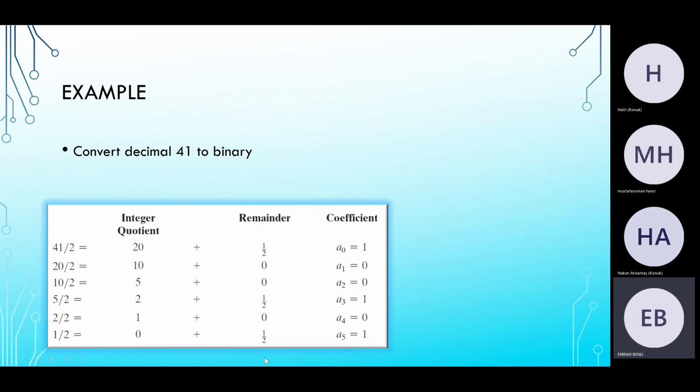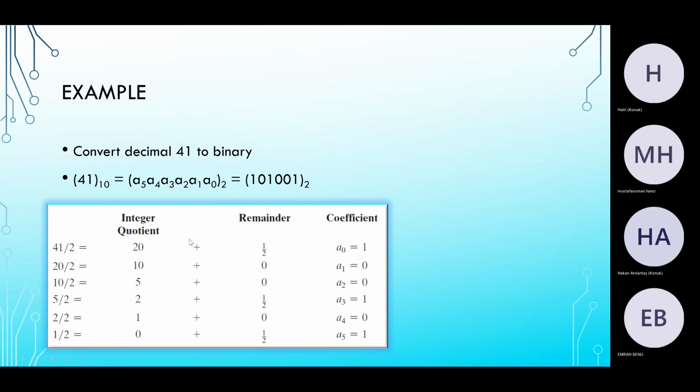We have the remainders here, and we put 1 for remainder and 0 for 0 remainder, and we have these coefficients, and we put them in order like this from A0 to A5, and that's the binary equivalent of this 41 in decimal.